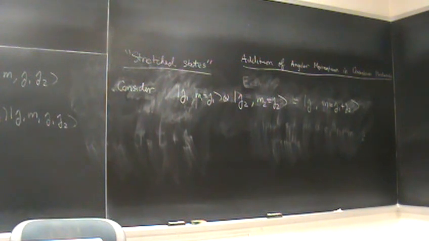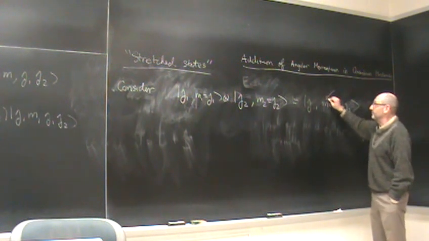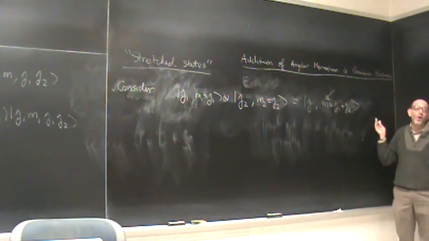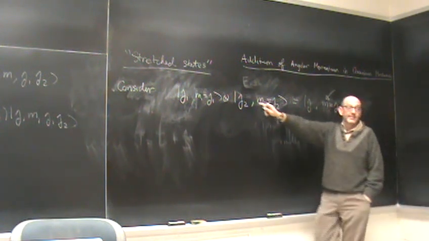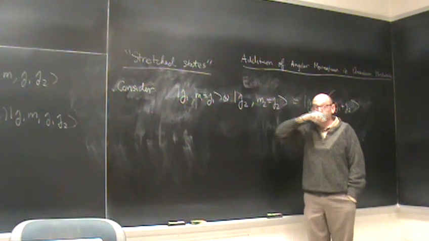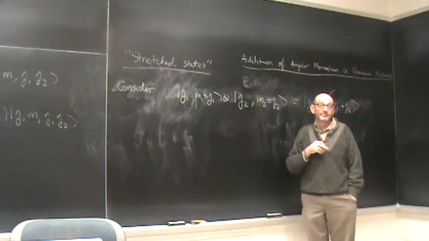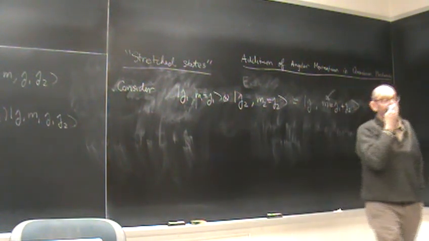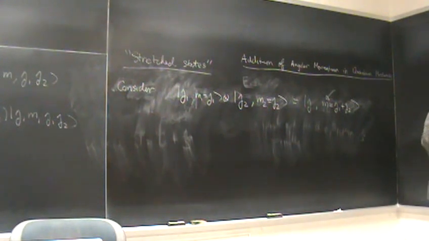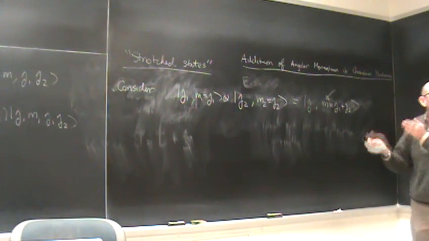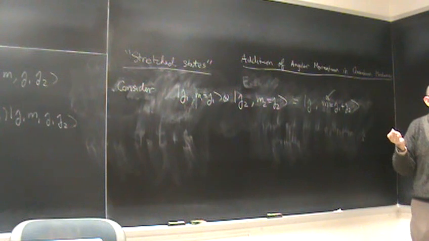And that's the unique state that has this total M. There's no other product state that can have this total M, right? Unlike, say, M equals 0. M equals 0, there's lots of different ways you can sum M1 and M2 to get 0.